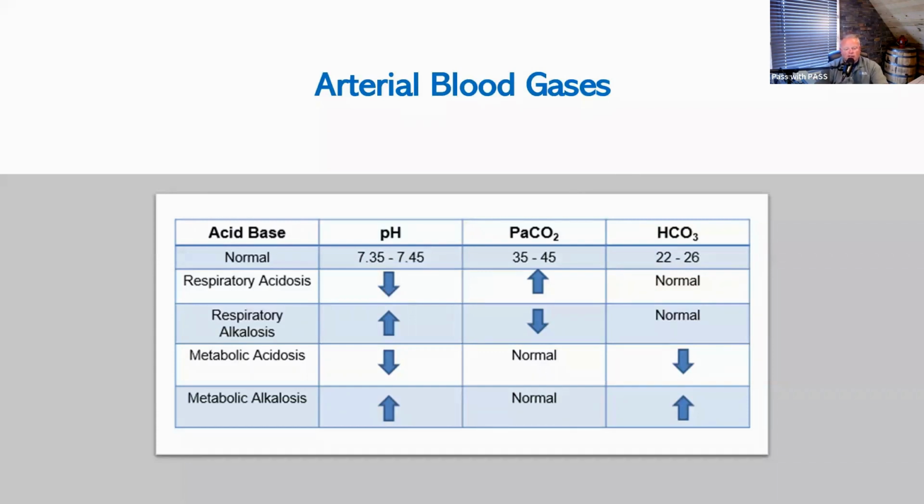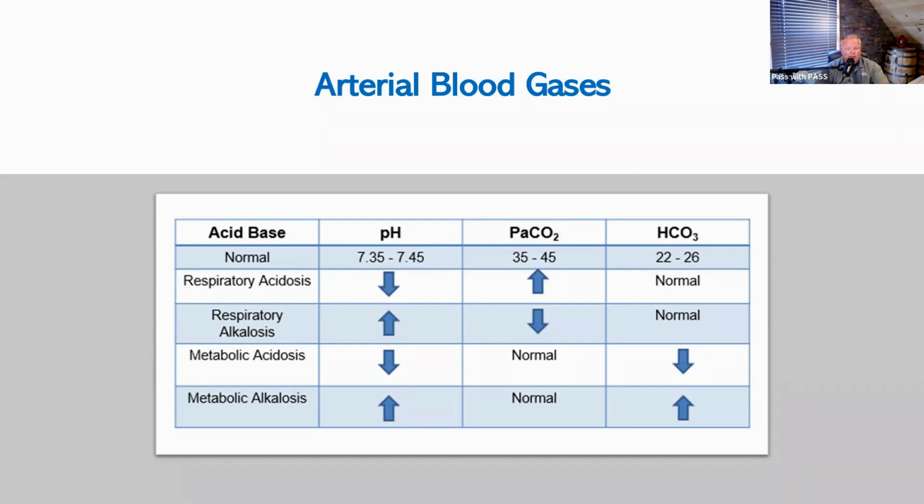So we have the first name, the middle name, and the last name. The first name is going to be whether it is compensated or uncompensated. And I don't think that you guys really need to know that information for the National Registry exam. So we're really not even going to worry about the first name. What we're worried about is the middle name and the last name.